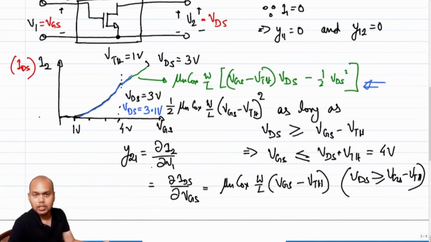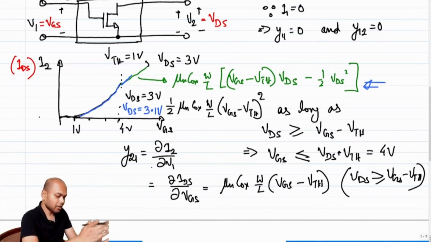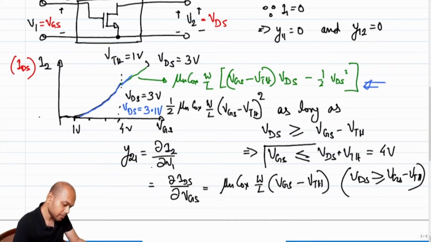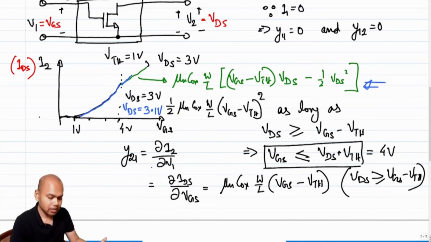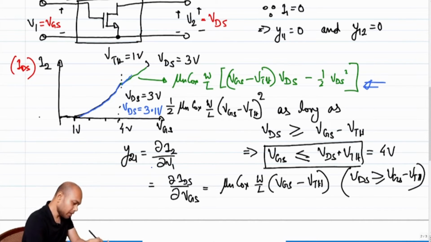Clearly the saturation region current wouldn't have changed. But what about the limit of saturation region? Should it change? Obviously it should change, because note that the limit of saturation region is this. If the VDS has changed, then the limit of saturation region should also have changed, which means the new limit should have been 4.1 volt.